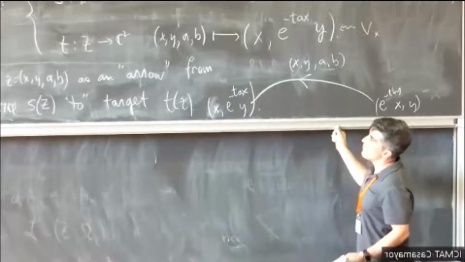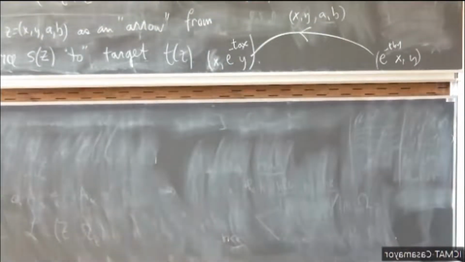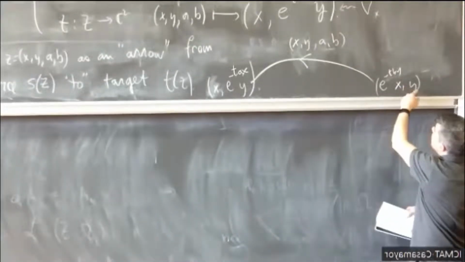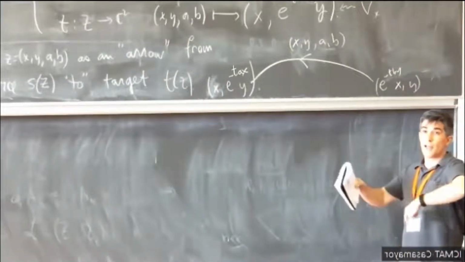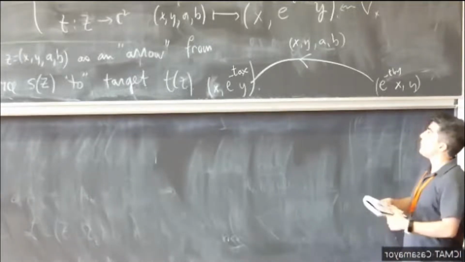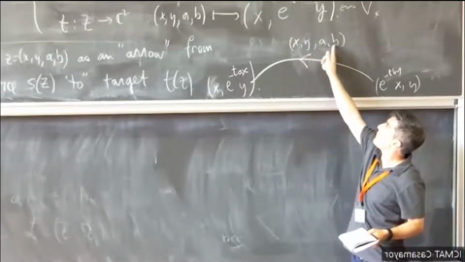And the purpose of this space and these two maps is that this space is now encoding, roughly speaking, all possible Hamiltonian flows that you could get. Because by doing the Hamiltonian flow of y and the Hamiltonian flow of x, and looking at where you can get by those flows, they are parametrized by this space.